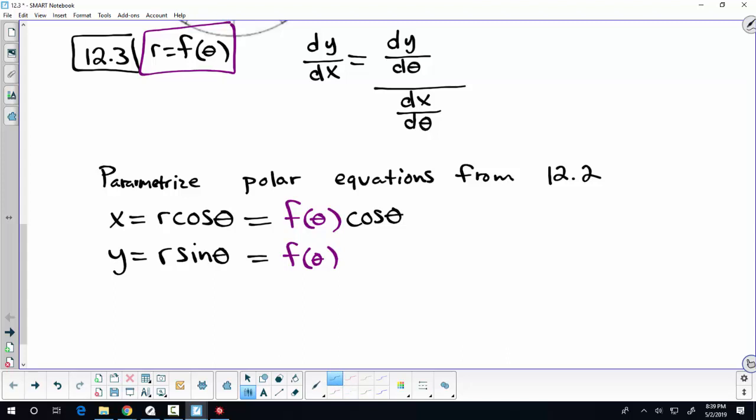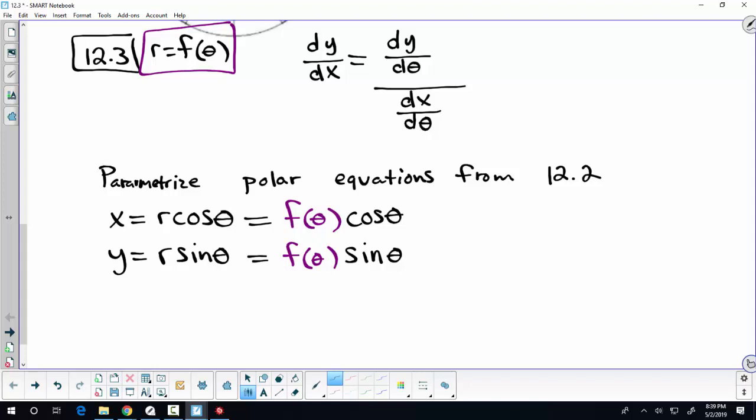It's going to be the same thing, because r is some function of theta. When we're given a polar curve, it says find the derivative of, say, r equals 2 cosine theta. So that's the same function, the same r, for both of our x and y coordinates.